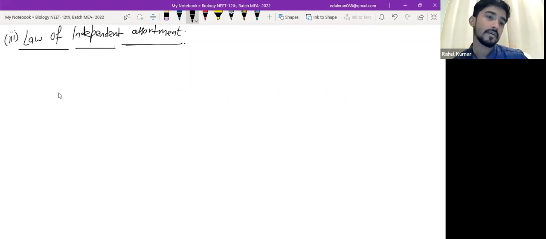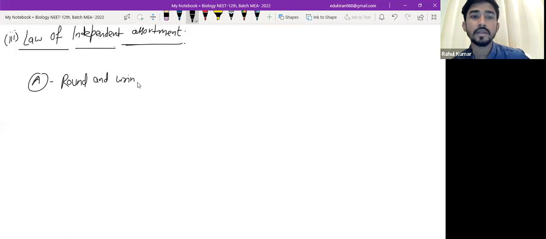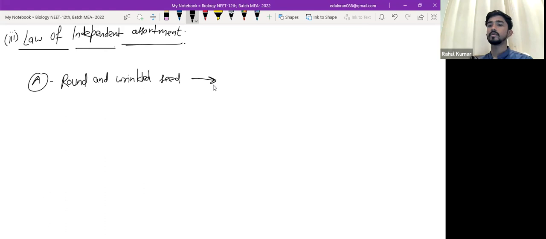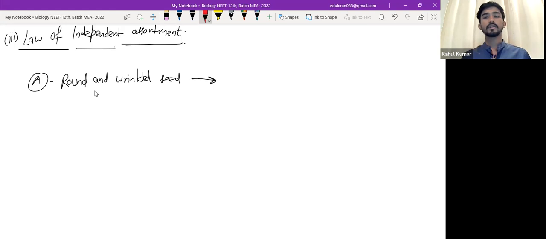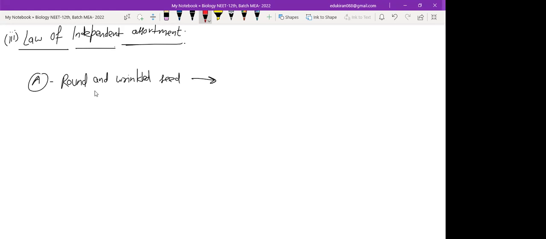If I say that a pea plant parent A has round and wrinkled seed, what does it mean on a genetic level? Now come back to the first page. Is round seed a dominant character or a recessive character? Dominant.